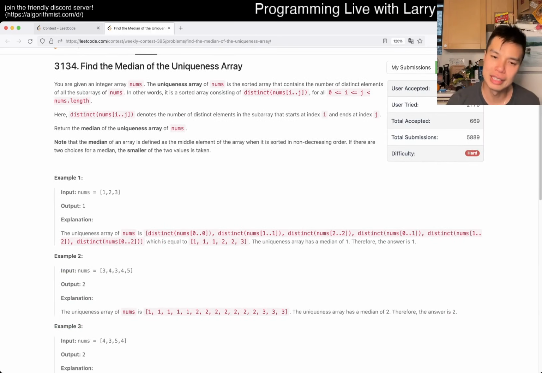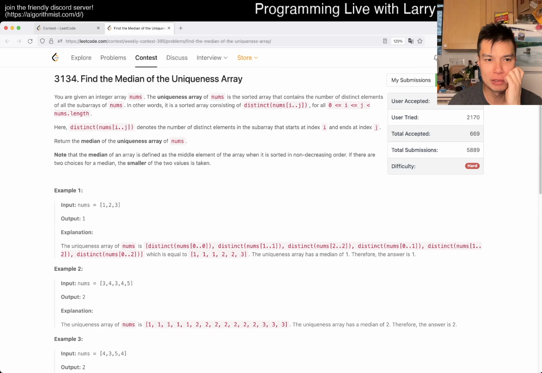And then it is the number of unique things. I mean, obviously there'll be n ones, but there'll be n choose two things.